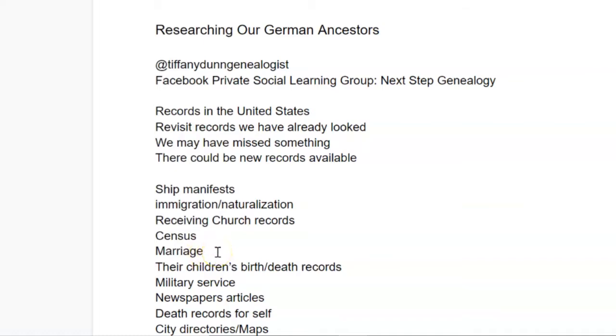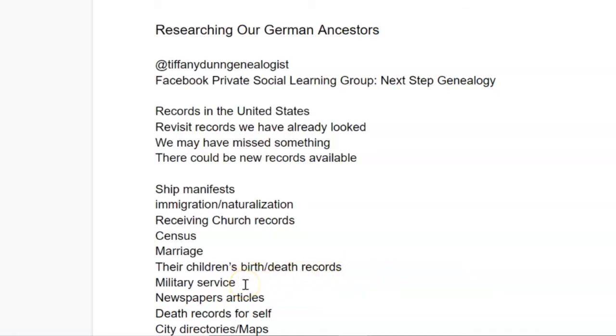Marriage records, depending upon the dates that we're talking about, may be available. You'll want to look at your immigrant ancestors' children, especially birth and death records, where they probably had to list their parents' names. Often on official records, you may find German names instead of Americanized names.